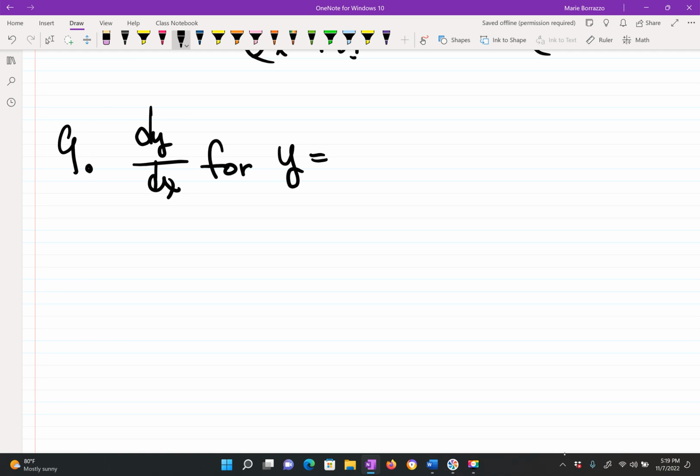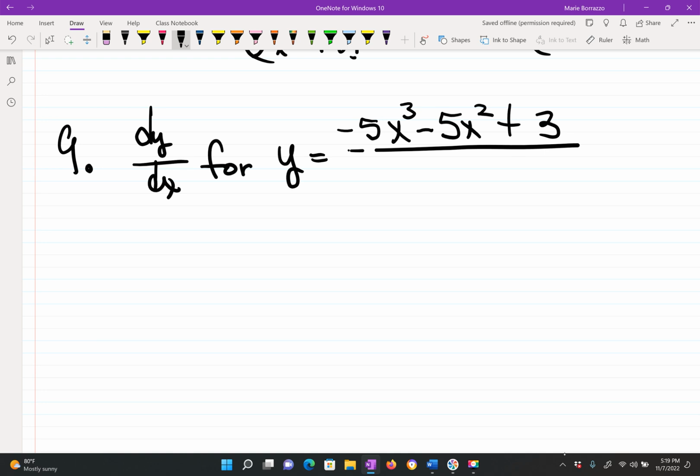I want you to leave it at the equation, okay? So you have negative 5x to the third minus 5x squared plus 3, and do not simplify is how they express it. This is negative 5x to the fourth plus 2. So do not simplify. I don't want a full answer.